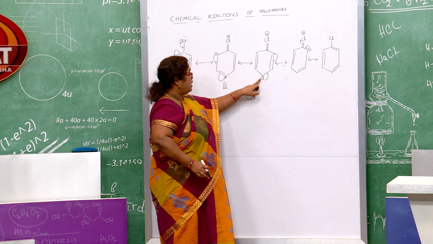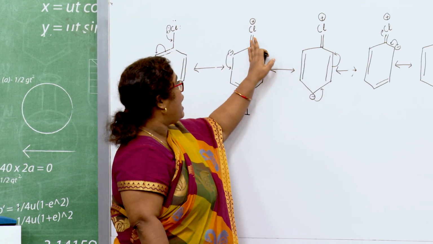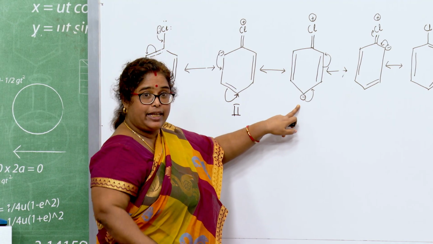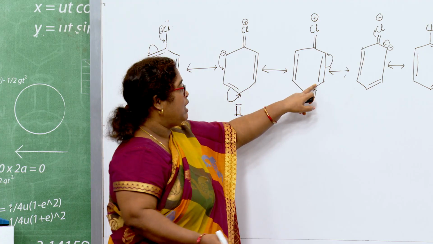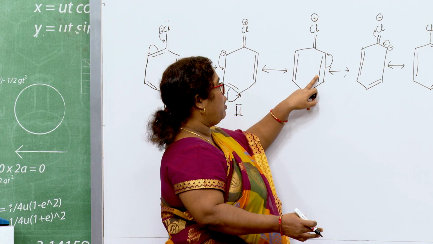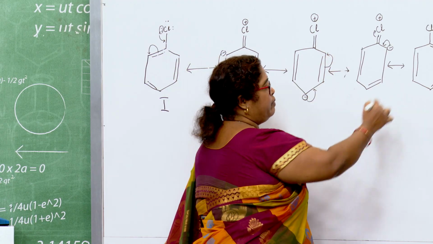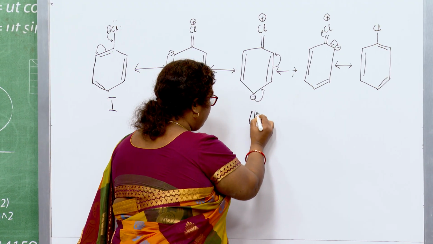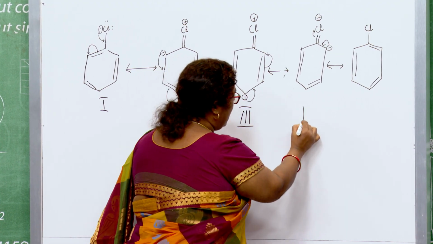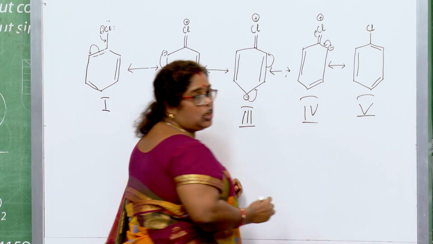And here the minus charge is there and everything is as before. But again in the next step this electron pair goes here, and similarly this bond breaks and these electrons go here, and so on. All these structures thus formed are known as the resonating structures.